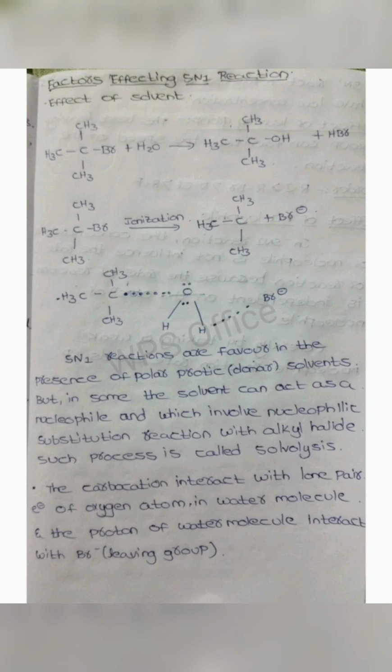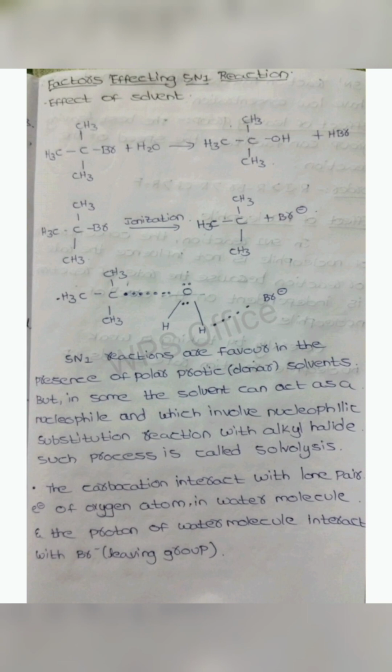The protic solvent is also called a donor, and in some cases the solvent can act as the nucleophile, which involves a nucleophilic substitution reaction with the alkyl halide. This process is called solvolysis.